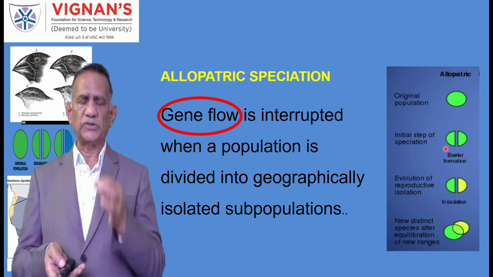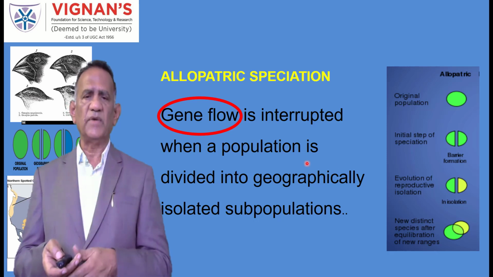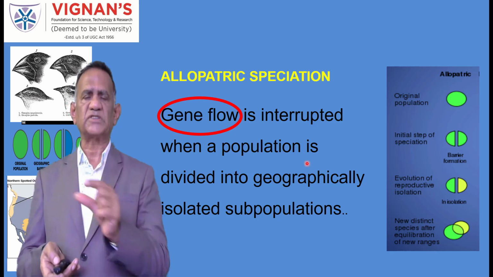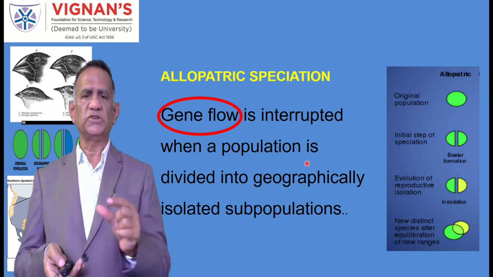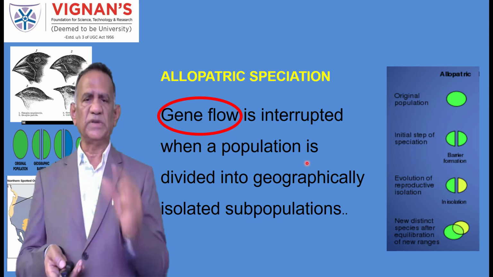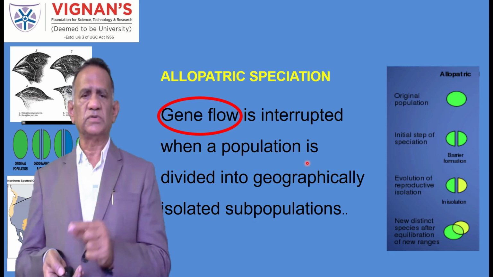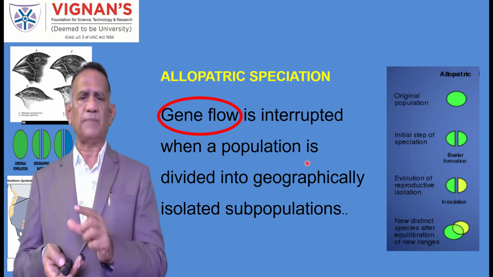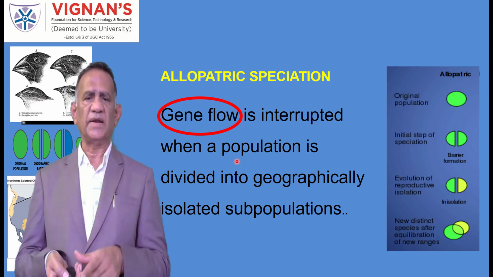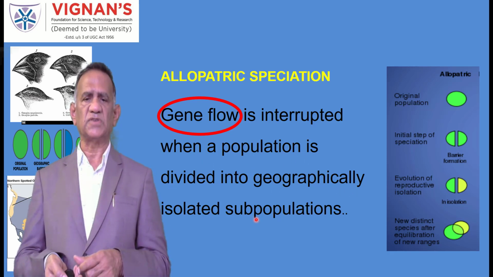If at all we want to give a definition, species protects the gene pool. Species is an ecological unit. Species is a reproductive unit. So gene flow is interrupted when a population is divided into geographically isolated subpopulations.